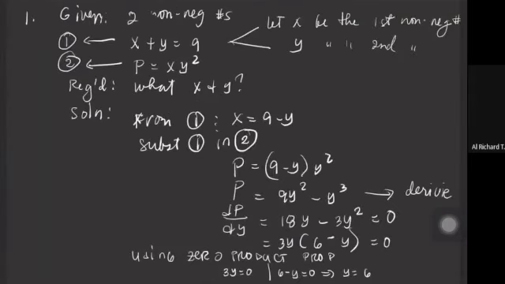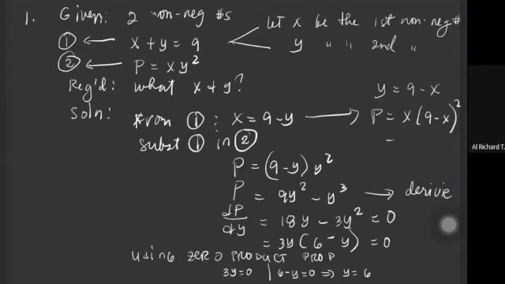Mom, what if instead of having x equals 9 minus y, I want to use y equals 9 minus x? Am I going to arrive at the same answer? Yes. Your P in this case would be x times 9 minus x quantity squared.